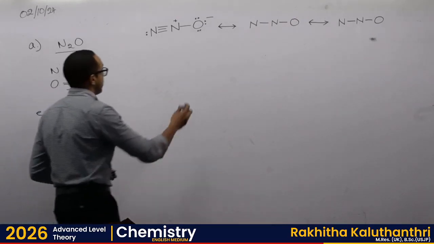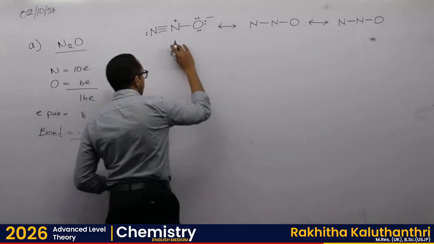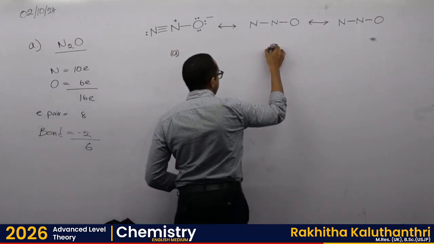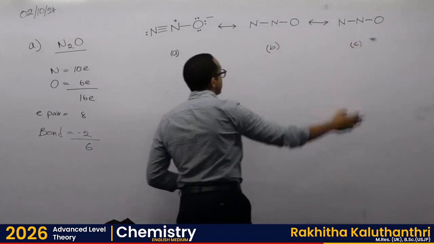We'll call this structure A, B and C. It will be easier. I haven't completed the B and C structures.